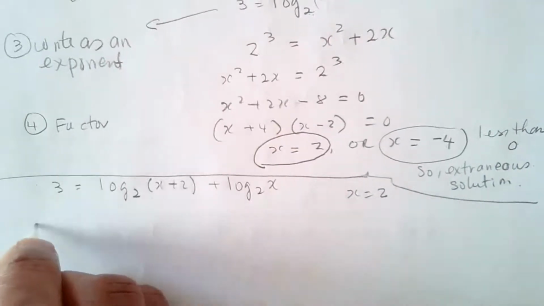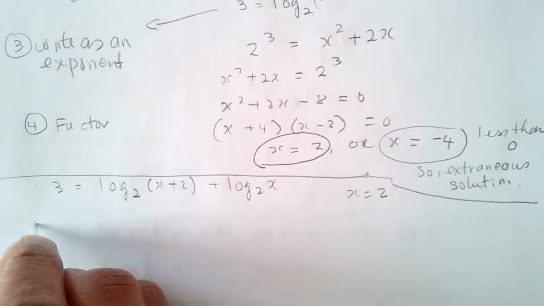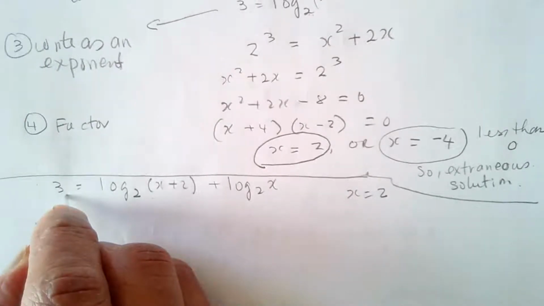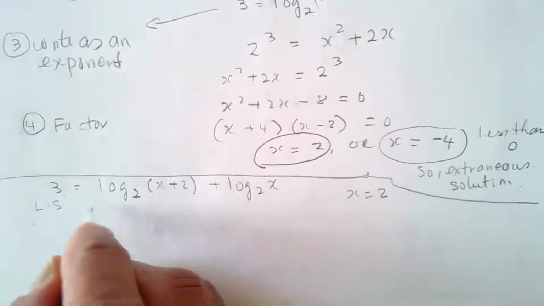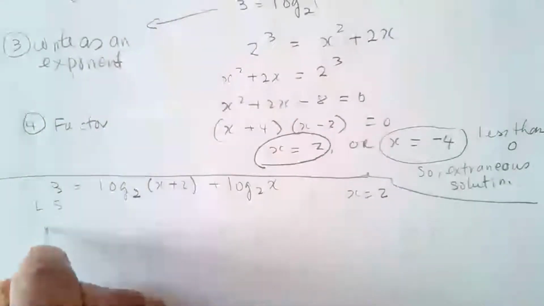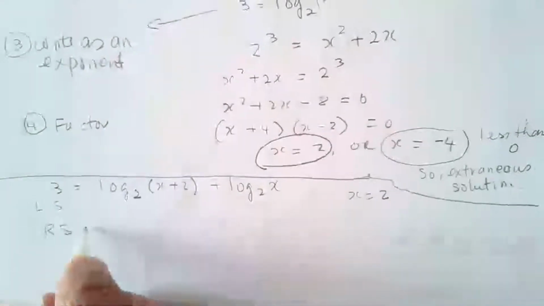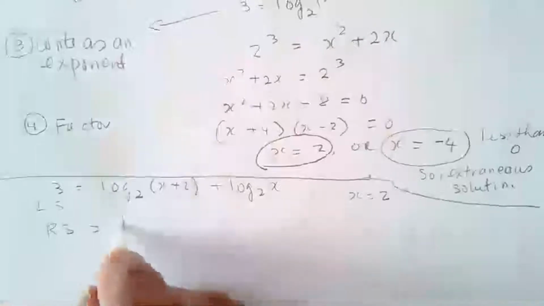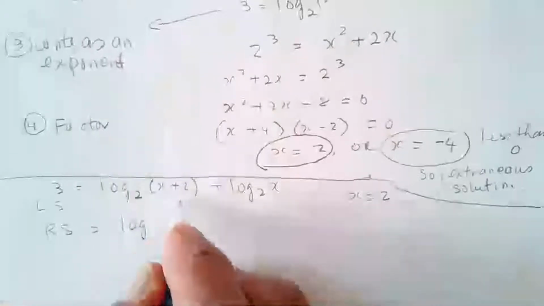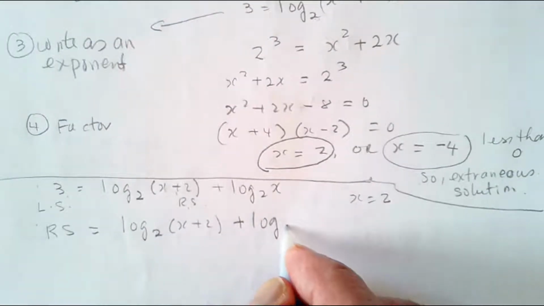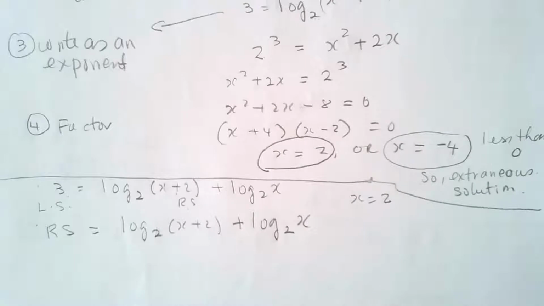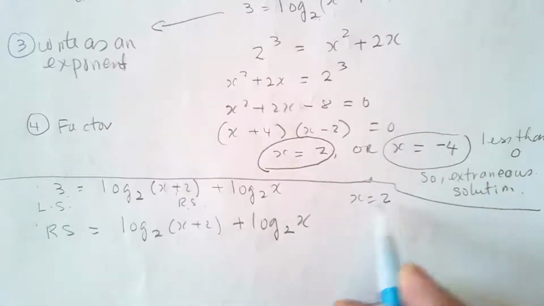So look at my right side. My left side is 3. So we have our left side here. Right side is equal to log 2 of x plus log 2 of x. I replace x with 2.